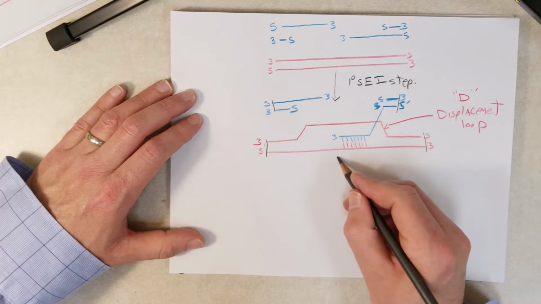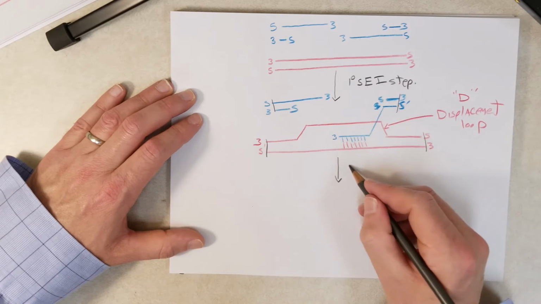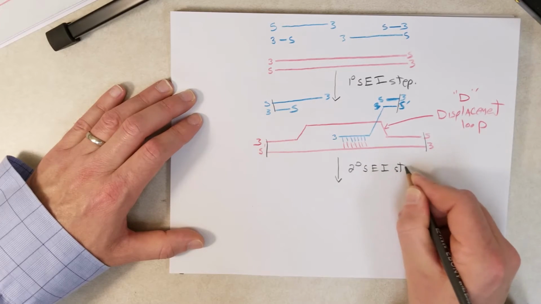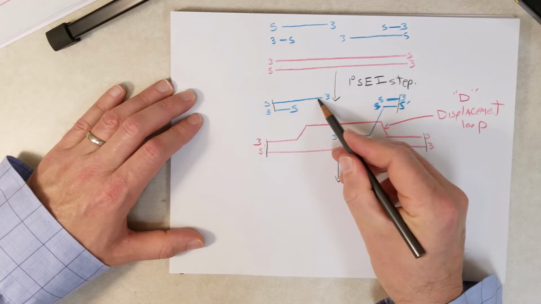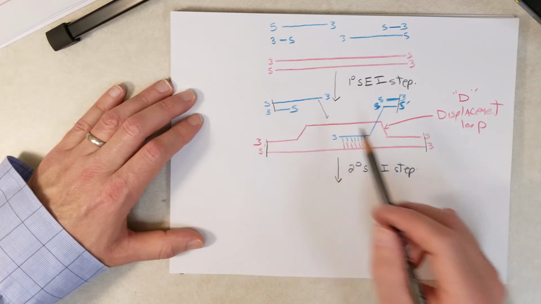Well, now we have the second single end invasion step, or secondary single end invasion step. What's going to happen is this one is going to now search the displaced strand for complementarity.